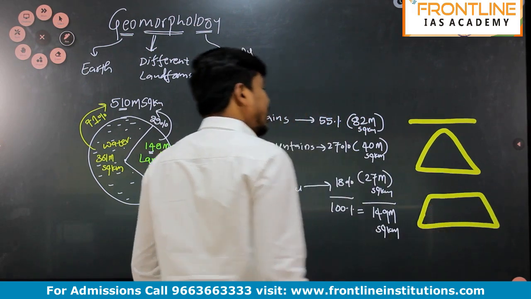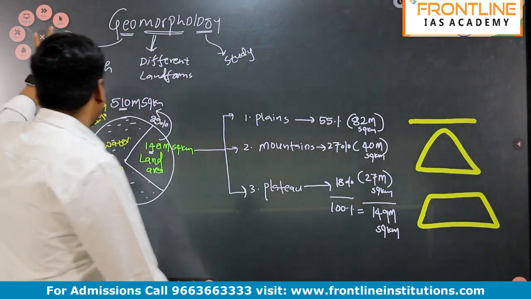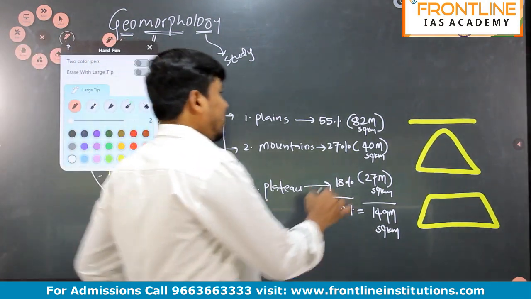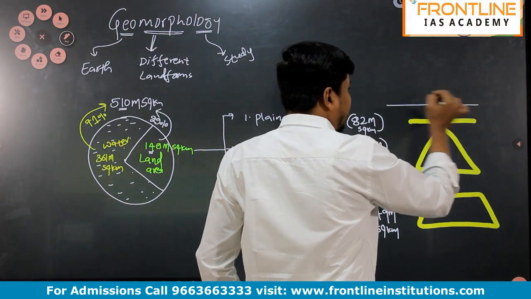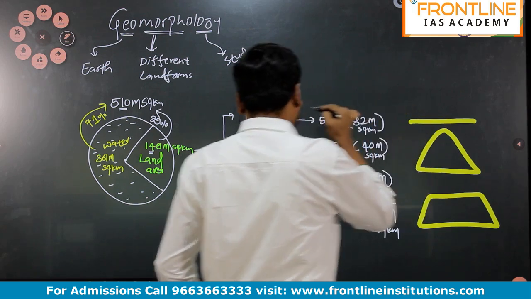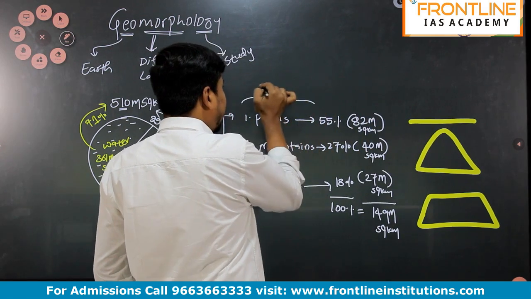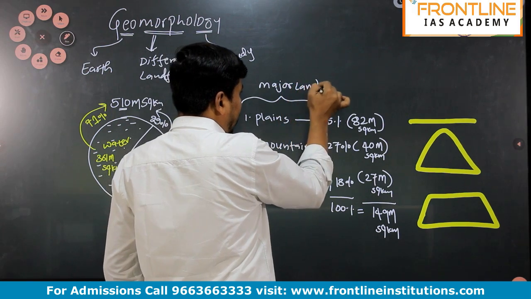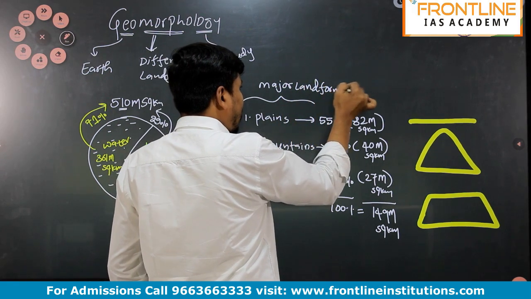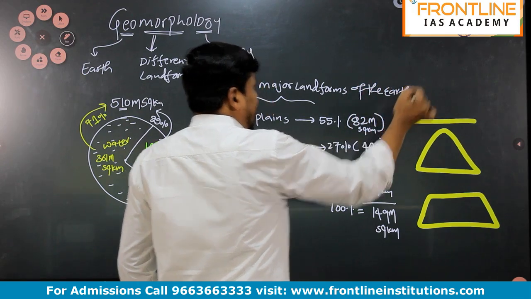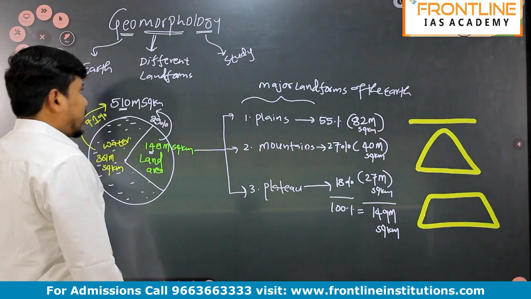So plateau, mountain and plain are the three important landforms of the earth that we call major landforms of the earth.